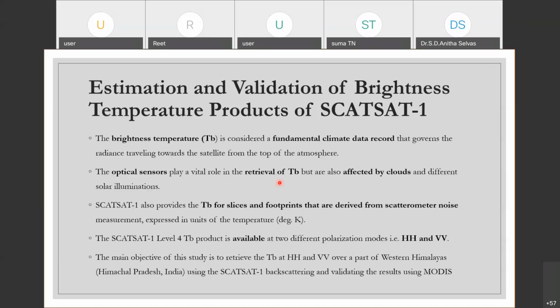The data is given in DN values, which need some empirical equation to be applied to find out the exact brightness temperature from both VV and HH polarization. So just a second.